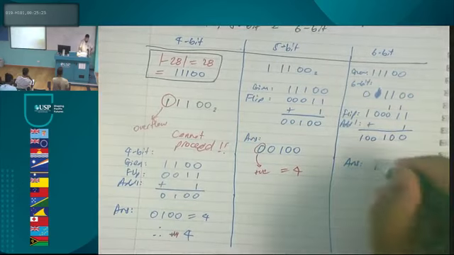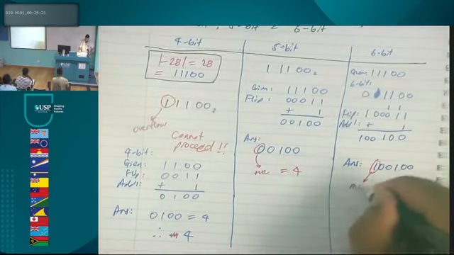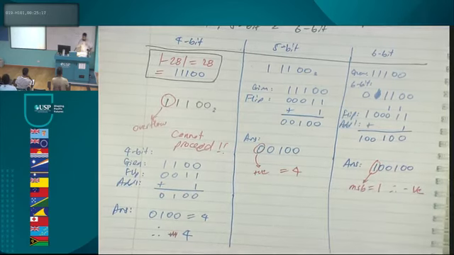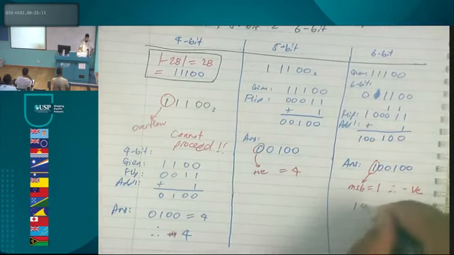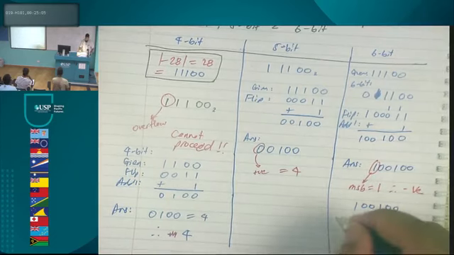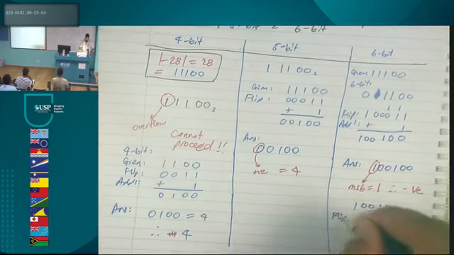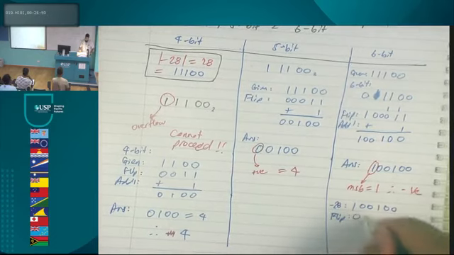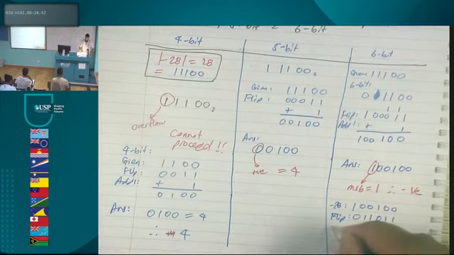Now, that is MSB is equal to 1, therefore it is a negative number. So let's now convert it back and see if we get negative. What was our target? Negative 28. So 100, 100, right? We're going to flip. Right? 011, 011.